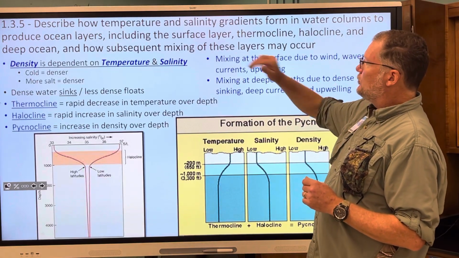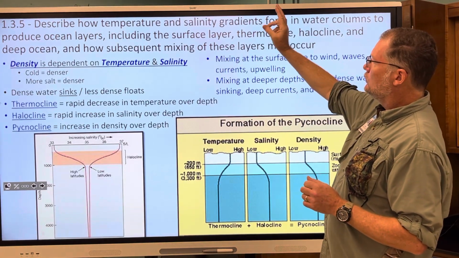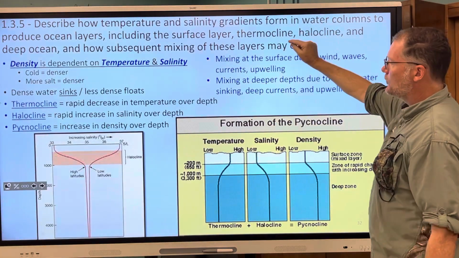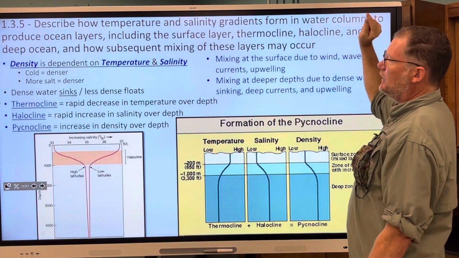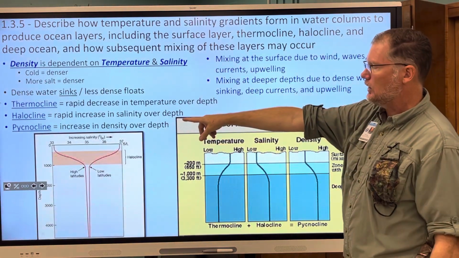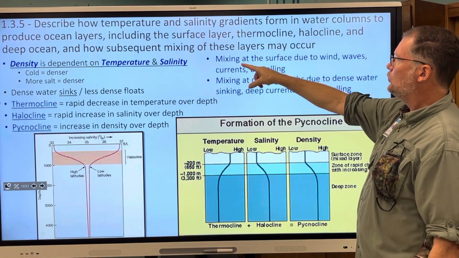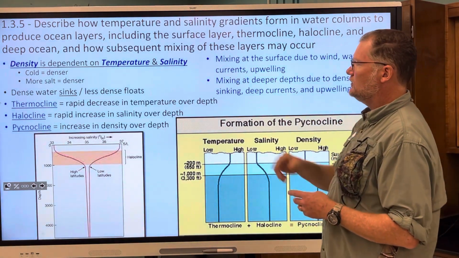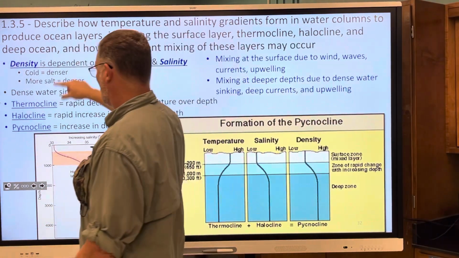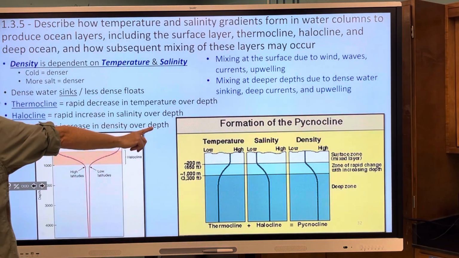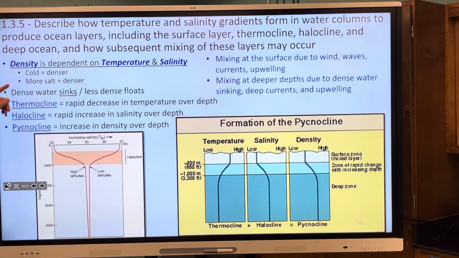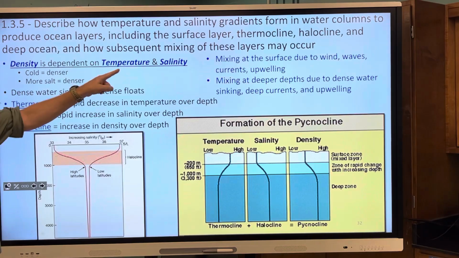So it produces ocean layers, including a surface layer, something called a thermocline, a halocline, and a pycnocline. And how subsequent mixing of these layers may occur. Okay, deep ocean meaning pressure and density. Okay, so remember, density is dependent on temperature and salinity.